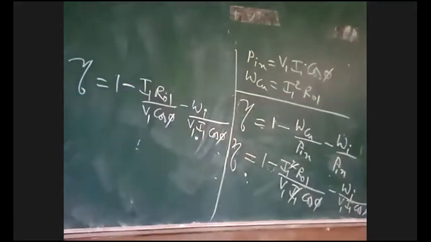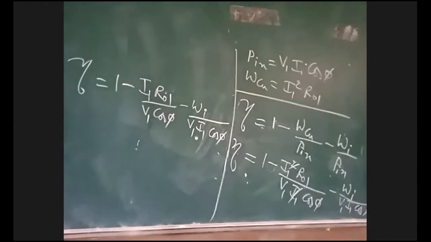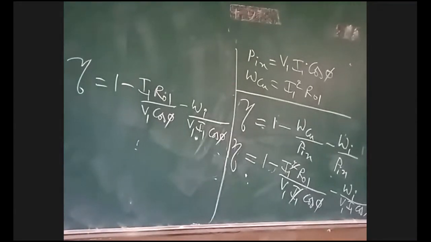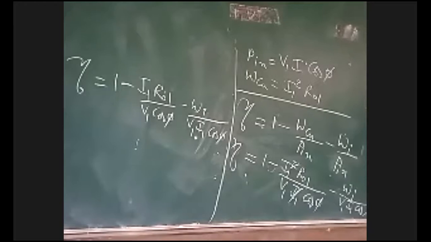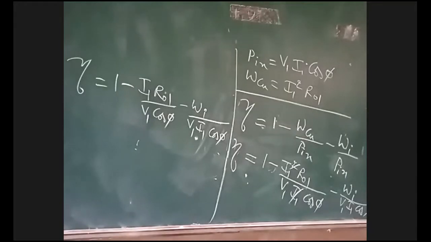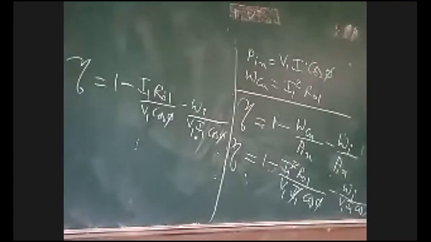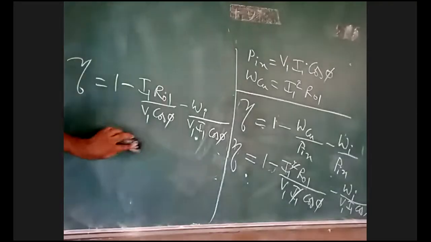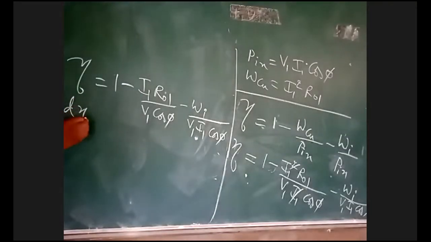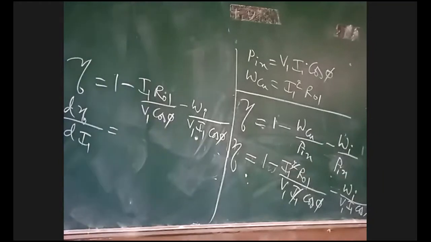So in mathematics, what will you do for getting the maximum efficiency? Differentiate. Take the first derivative and equate it to 0. The first derivative is taken with respect to the variable, here the variable is I1.